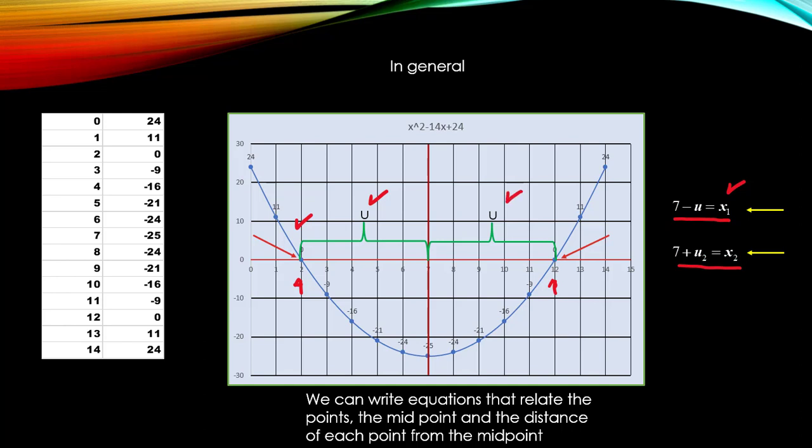Likewise, on the other side, it's going to be 7 plus some unknown distance equals x2. So we have related these points that we're looking for to the midpoint or the line of symmetry and the distance that these points lie from the line of symmetry.